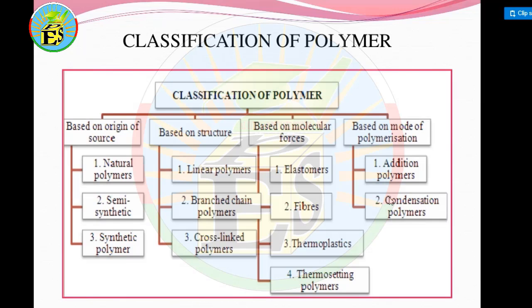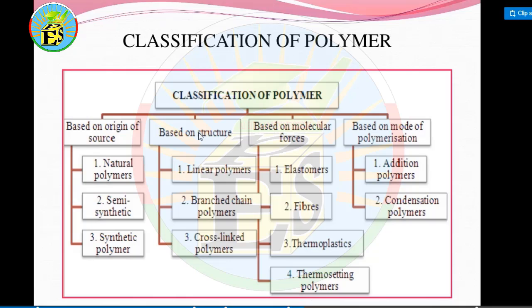So here is the chart of classification of polymers based on origin of source, from where they are coming. You can tell there are natural polymers, some semi-synthetic, meaning some part of it is natural and some part of it is man-made, and then the third one is synthetic polymer, meaning totally man-made polymers.